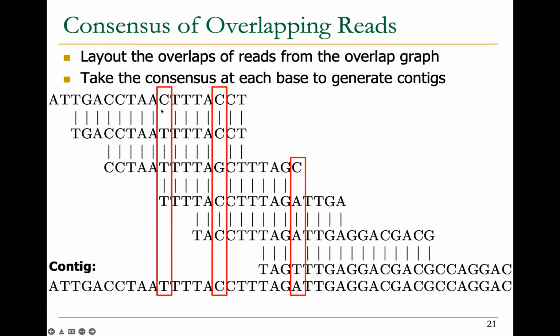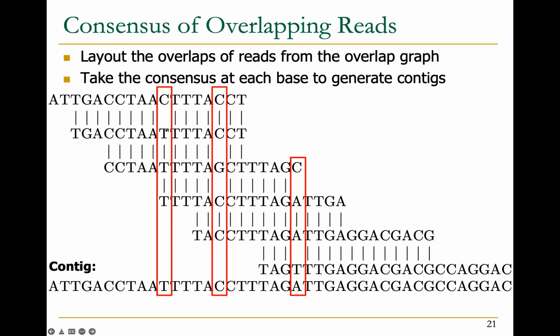It essentially, for every position of a contig, for every corresponding position in the reads and the overlaps, we take a look at all the bases that each overlap is telling us. For example, in this case, these three reads are telling us there should be T here, and here this read is telling us there should be C here. So which one should we believe?